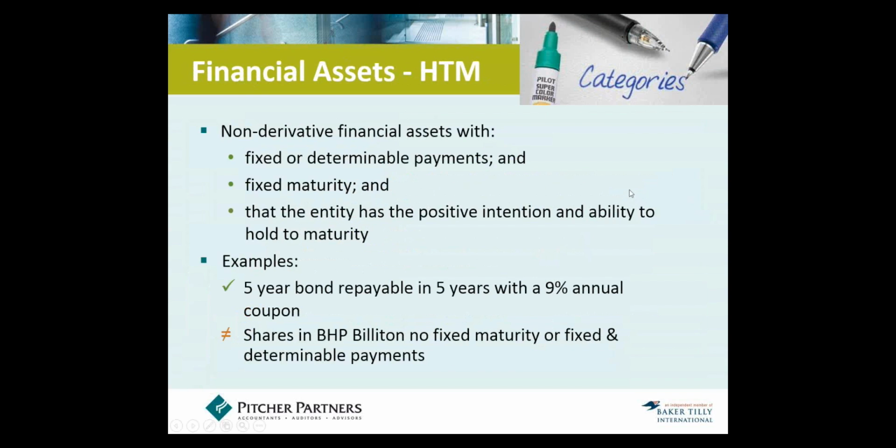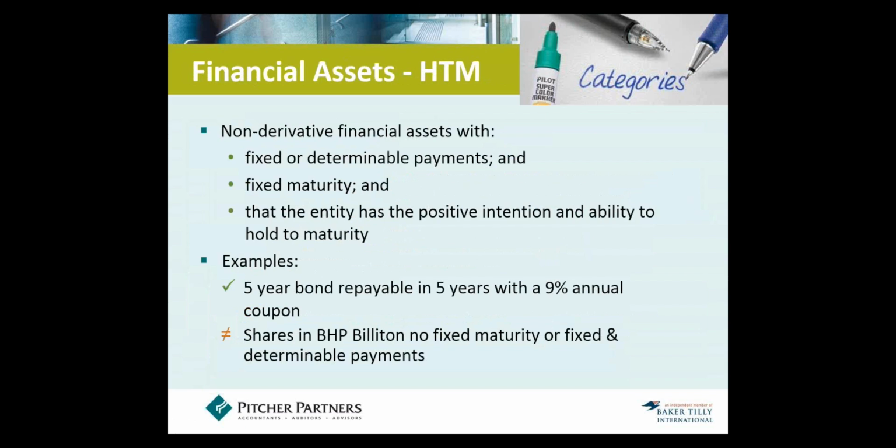If we move on to the next one, financial assets that are held to maturity, HTM, it would be non-derivative financial assets, because derivative financial assets are fair value through profit and loss. So it's non-derivative financial assets with fixed or determinable payments.